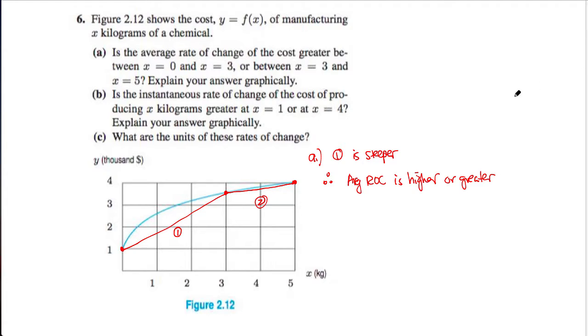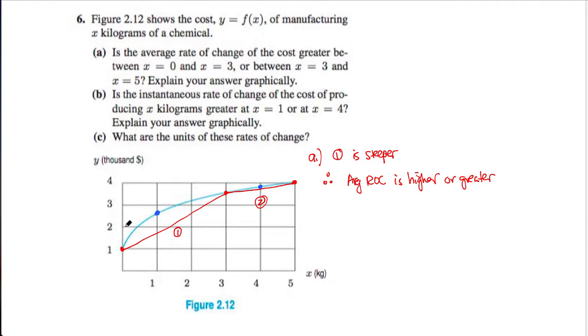Now, B says, is the instantaneous rate of change of cost greater at x equals 1 or x equals 4? So I'm looking at x equals 1 versus x equals 4. This is kind of the same deal. I'm looking at the slope, but only at that one point, not the slope between 2 points.